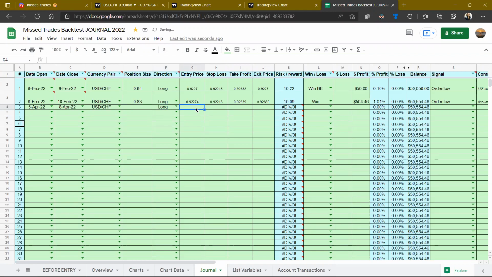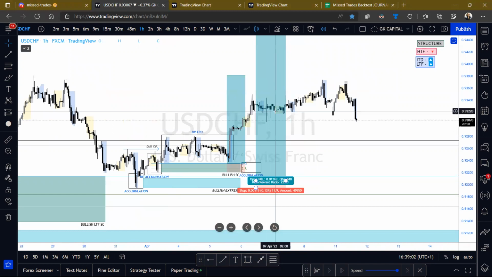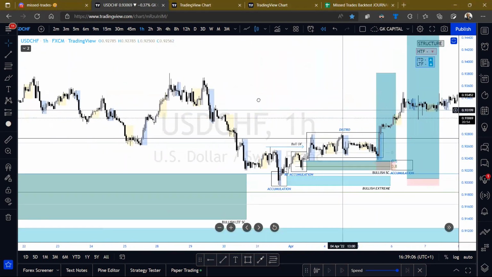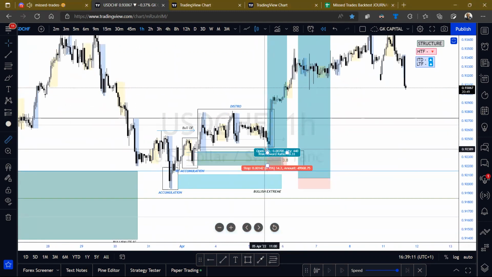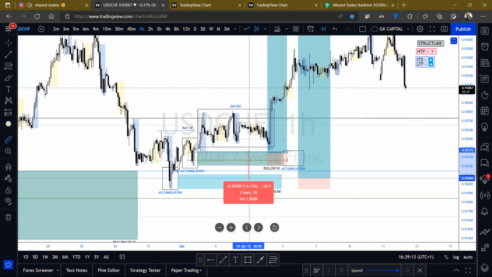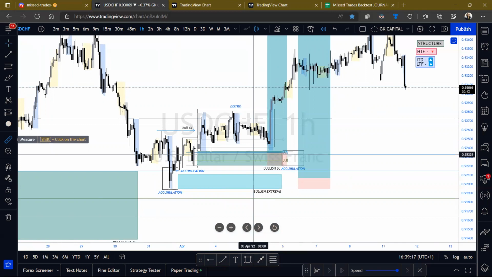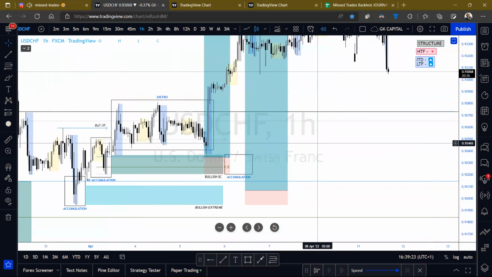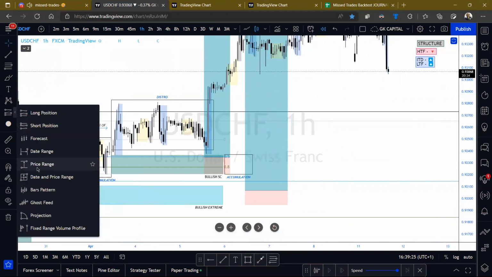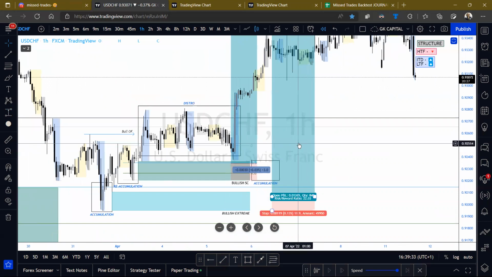Long entry price would have been, I personally would have gone for this one here, the extreme, which is somewhere here, and that would be way too much. 30 pips compared to 3 pips. So I'm gonna put the 3 pips down. Do that one.